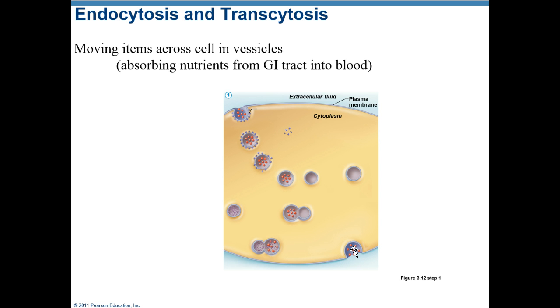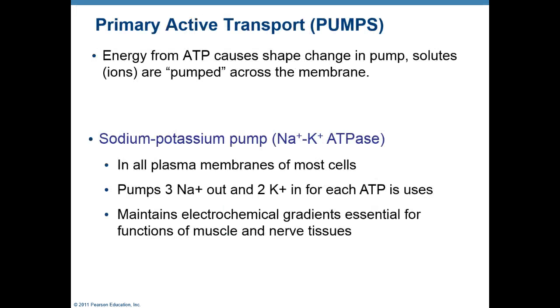This is how certain things get from your digestive tract into your bloodstream. So think of a cell lining the inside of your intestine, absorbing or endocytosing amino acids on one side, transporting the amino acids across, and then dumping them on the other side of the cell where they can get taken up by a blood vessel.